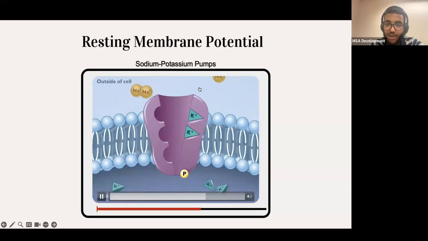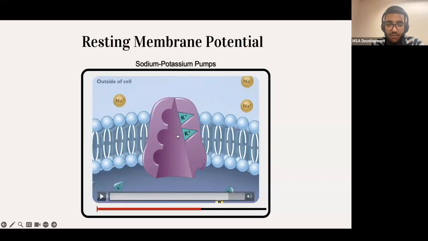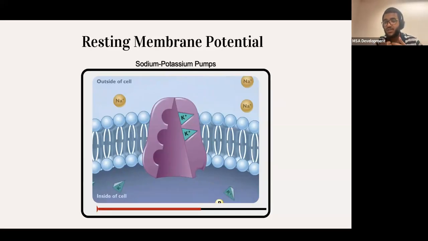That's why we need energy to push them out. Basically we're pushing three positive ions outside, and we're bringing only two positive ions in. If you're taking out three and you're giving in two, then the net effect is that we have a negative membrane.